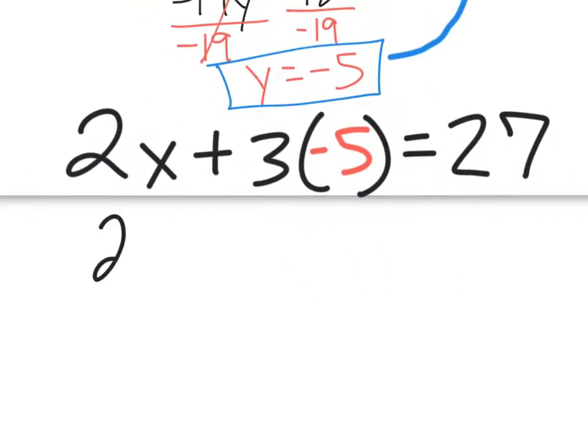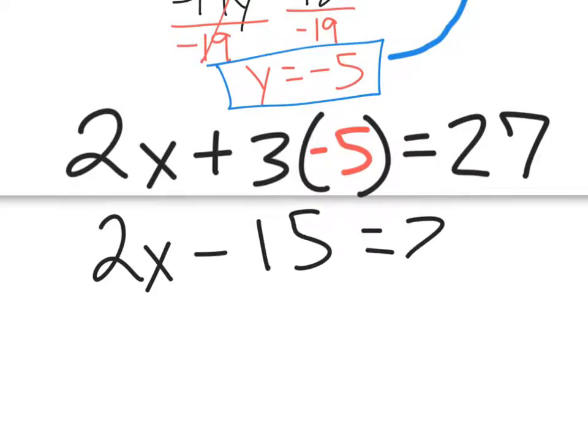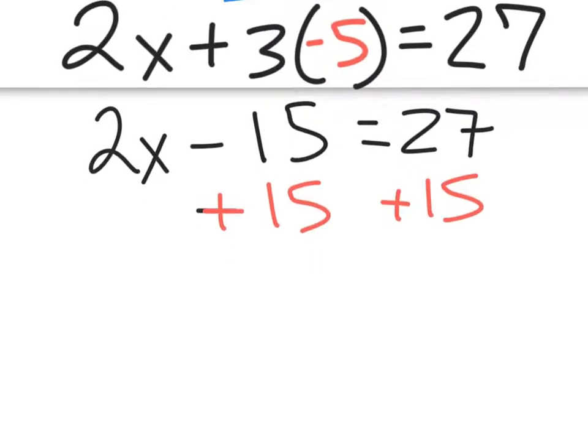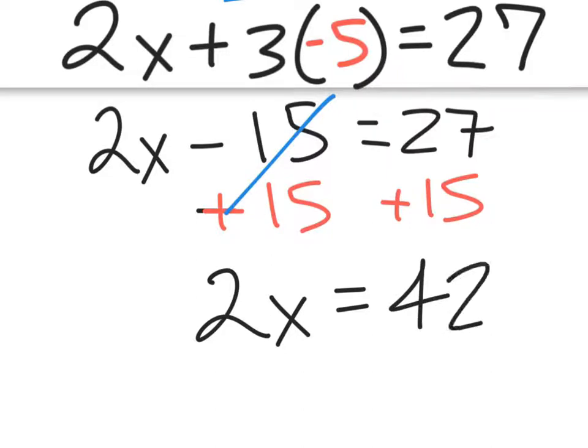Okay, great. And now let's do a little order of operations. So 2x minus 15, right? 3 times a negative 5 is negative 15, equals 27. Great. Let's add 15 to both sides. And when we do, the 15s of course cancel out, and we're going to be left with 2x equals 42.